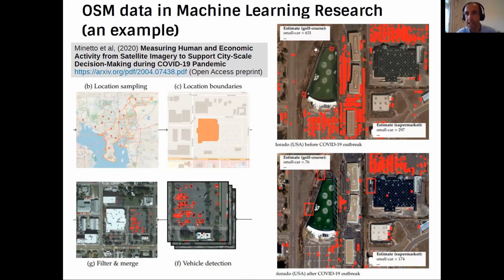So here we see an example of before the outbreak of the virus in Colorado, for example, in one of the cities, we see an estimation of the number of cars parked in those areas, and then we see an estimation afterwards. The key role OpenStreetMap is playing there is that it's up to date and freely available open access data that can be used to support this type of research.